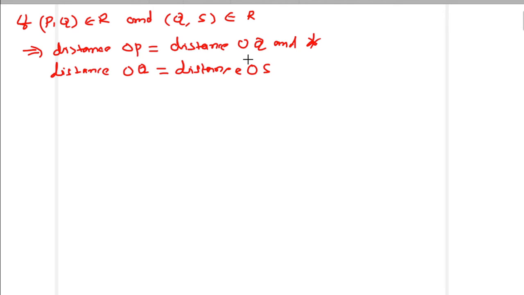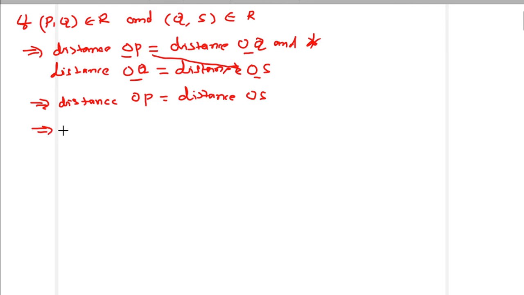So OP equal to OQ, and OQ equal to OS. Then you can write OP equal to OS. This implies distance OP equal to distance OS.